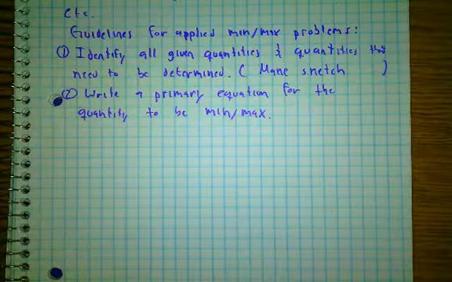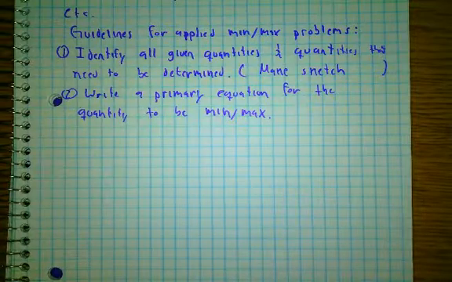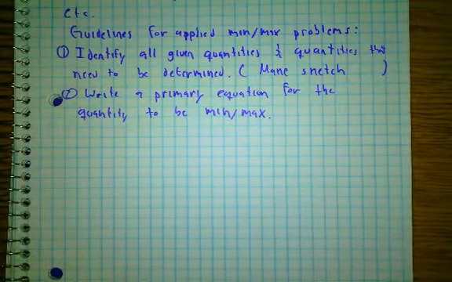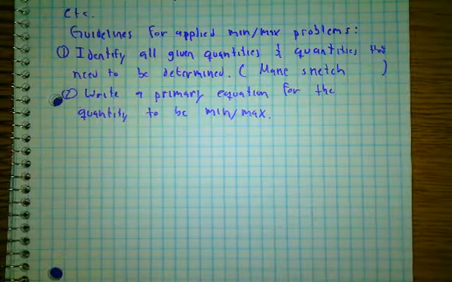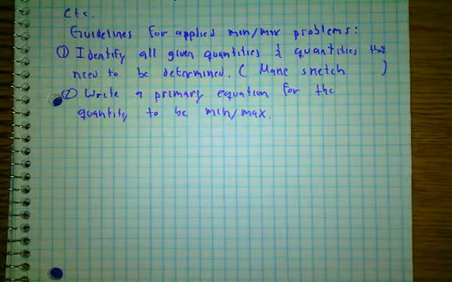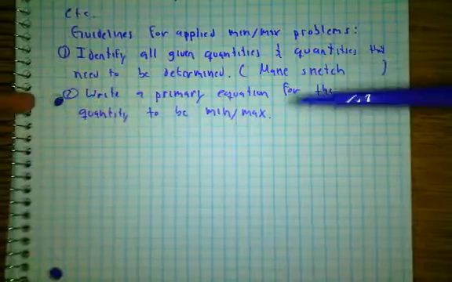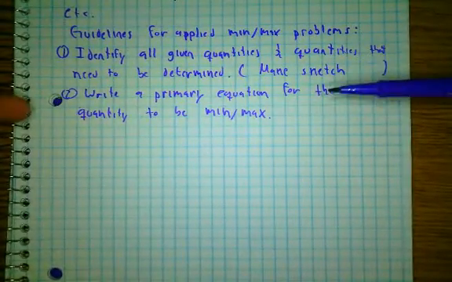Why is it called a primary equation? Because there's going to be more equations involved in here. So the primary equation is the one that we're going to be applying the calculus to. In other words, we're going to have other equations that are going to help us manipulate the primary equation, and then we're going to apply calculus to it. But one of the very first steps is to identify what that primary equation is.